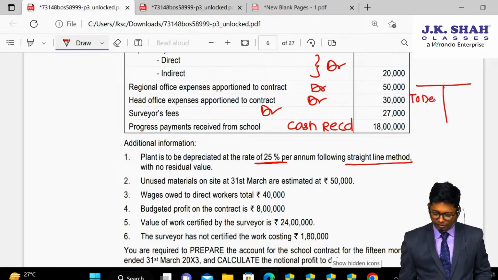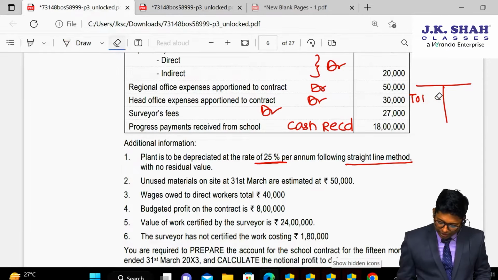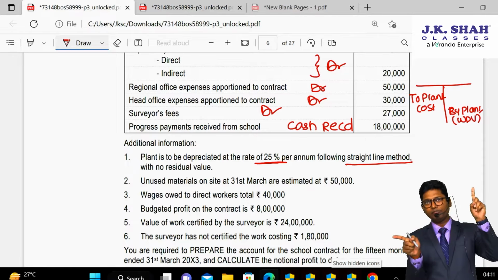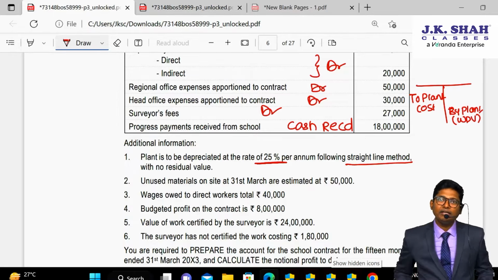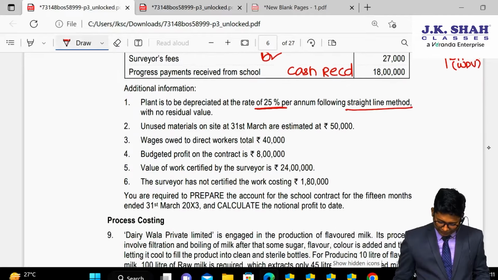Directly you can record depreciation on the debit side, or alternatively you can record plant on the debit side at cost, and then on the credit side again you should record the plant, but you should record at WDV. The difference between cost and WDV is depreciation. Choice is all yours. If you are recording debit side only depreciation, you are going to get marks, so don't worry. This is the depreciation related discussion.